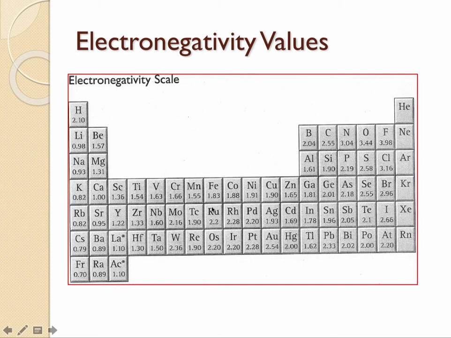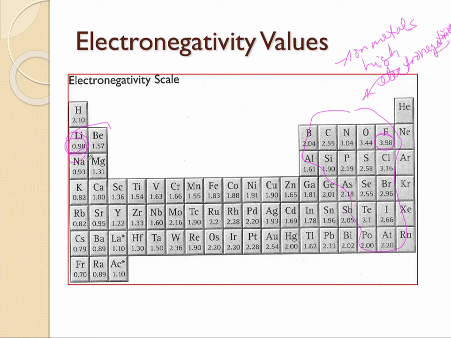So how do we know what elements are higher or lower in electronegativity? Let's look at lithium, 0.98. Let's look at fluorine, 3.98, right? So nonmetals tend to have high electronegativities.